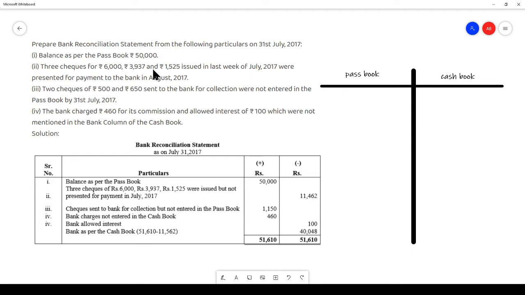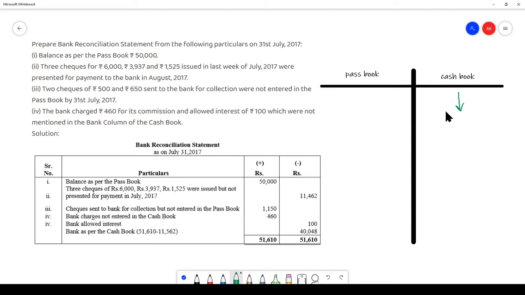That is, for payment I have drawn checks and issued them. So the balance in my cash book has gone down by this total amount of 6,039, 3,937 and 1,525. On checks being issued, the balance of my cash book will go down.